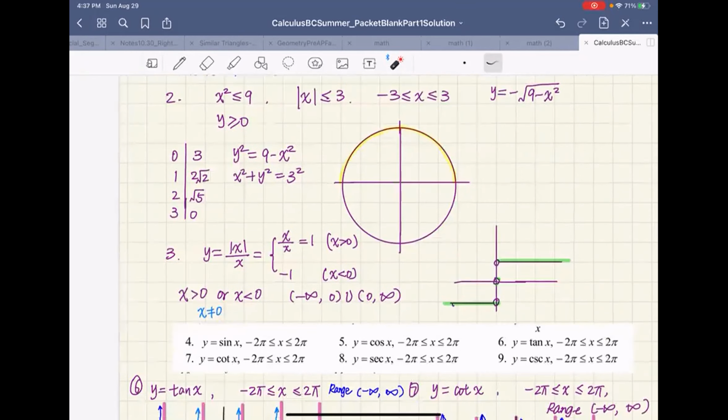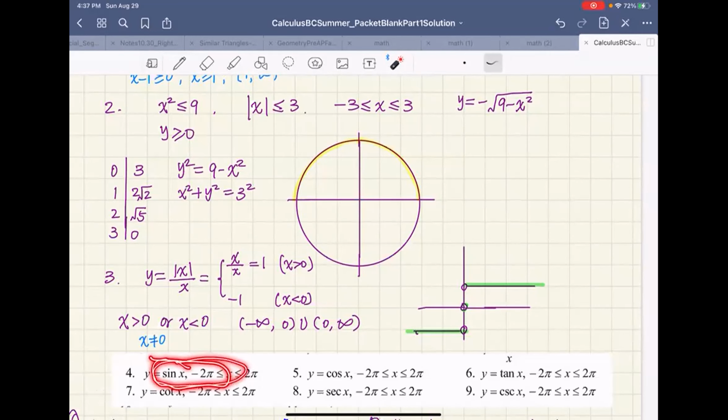And then number 4. Number 4, we come to our old friend, which is sine, cosine, tangent, cotangent, secant and cosecant, okay? All right, everybody please go ahead. We learned drawing way more complicated function graphs than this before.